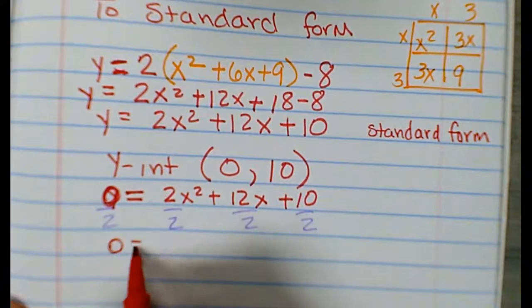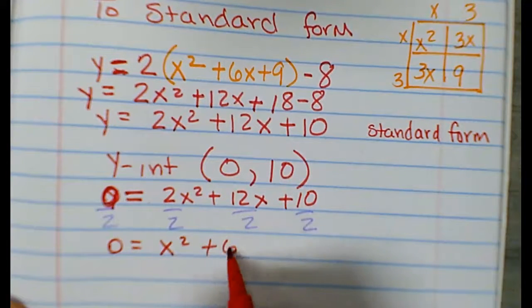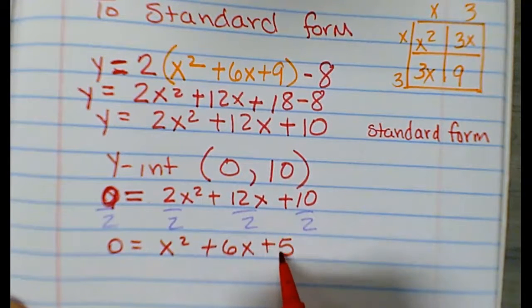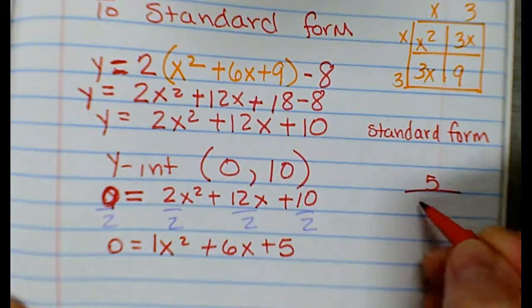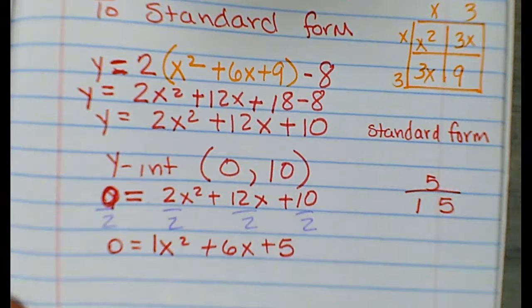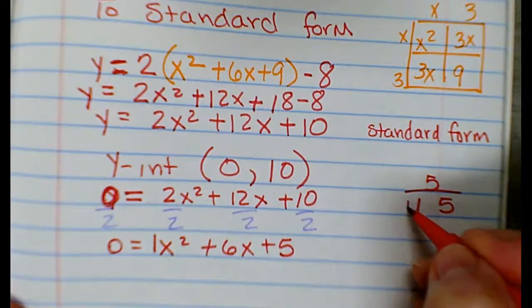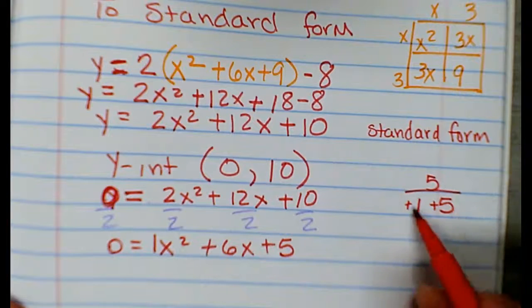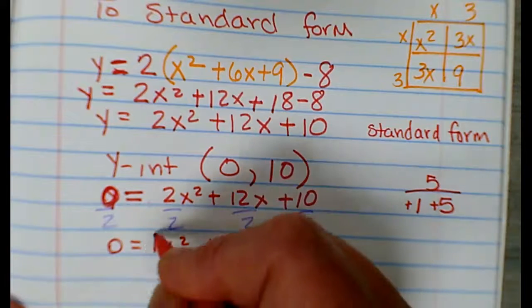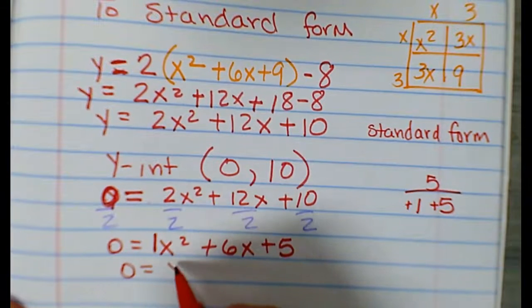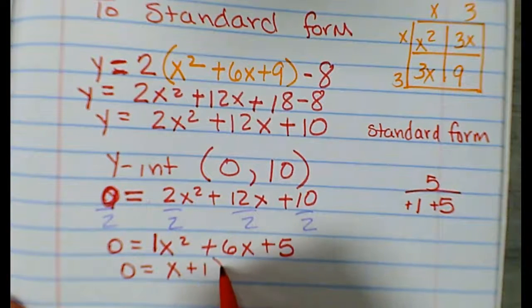So 0 equals x squared plus 6x plus 5. Multiply the first number times the last number and write down the factors of 5. Everything's positive, so will those factors add up to equal 6? Since this is 1, I can use my shortcut factoring.